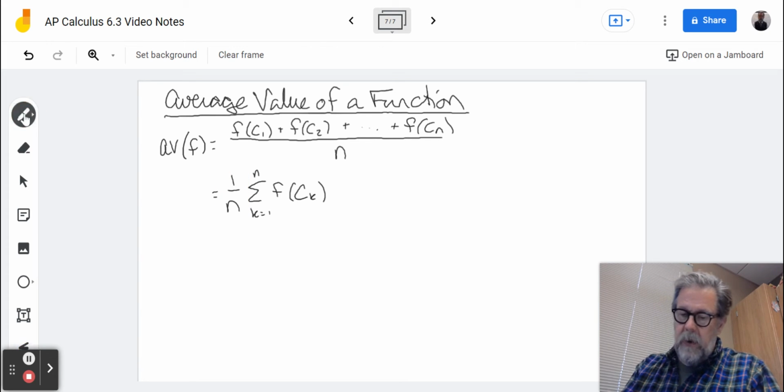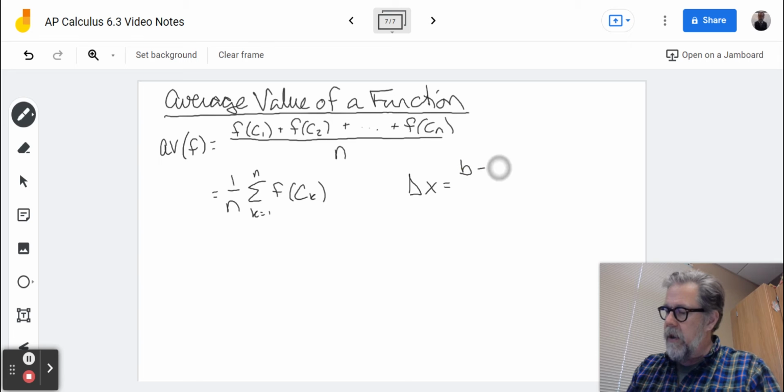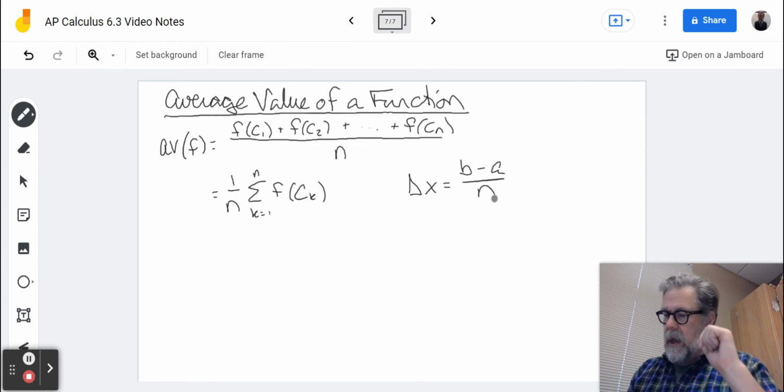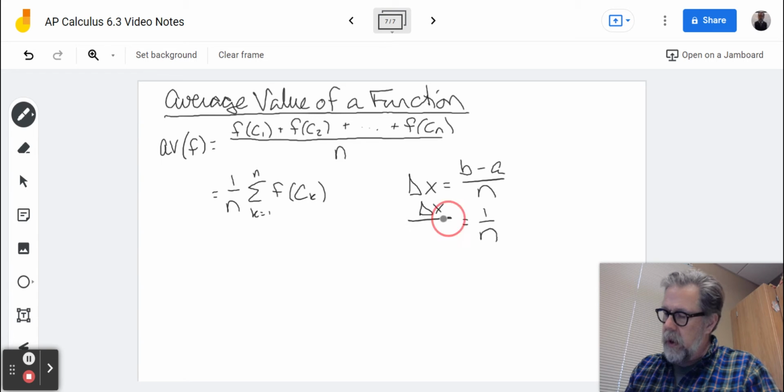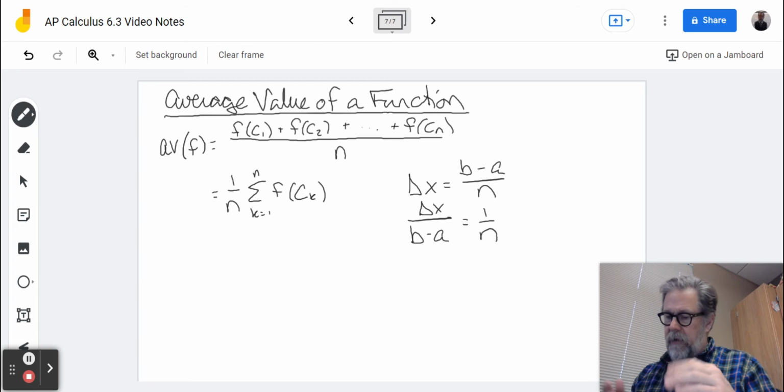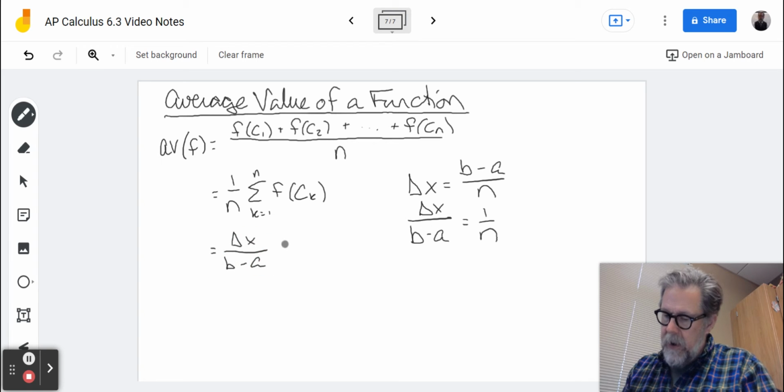But what we also know, and this is where we can get a little bit tricky, is that the width of each rectangle is the full length of our interval divided by the number of rectangles. But that means that 1 over n is just equal to the width of a rectangle divided by the width of the interval. So I can now write this as delta x over b minus a times the sum.